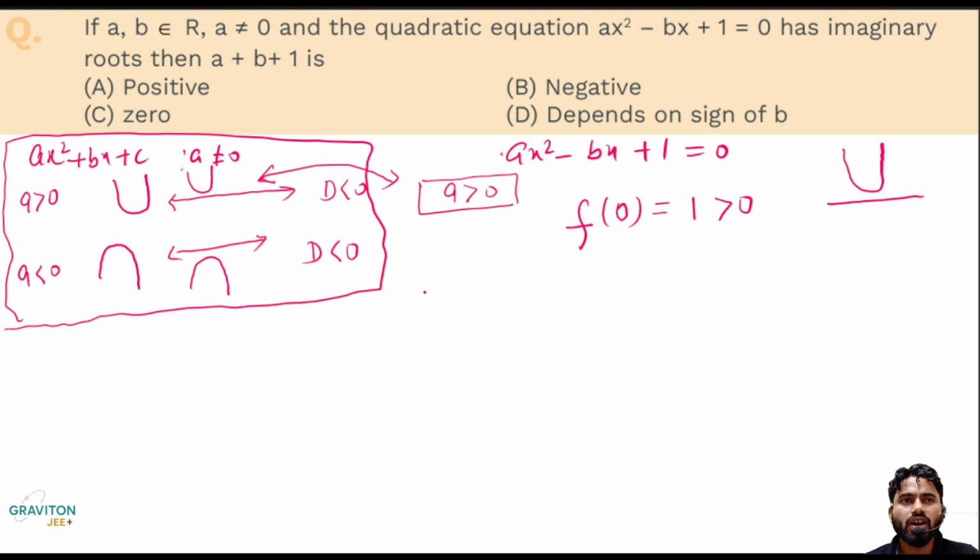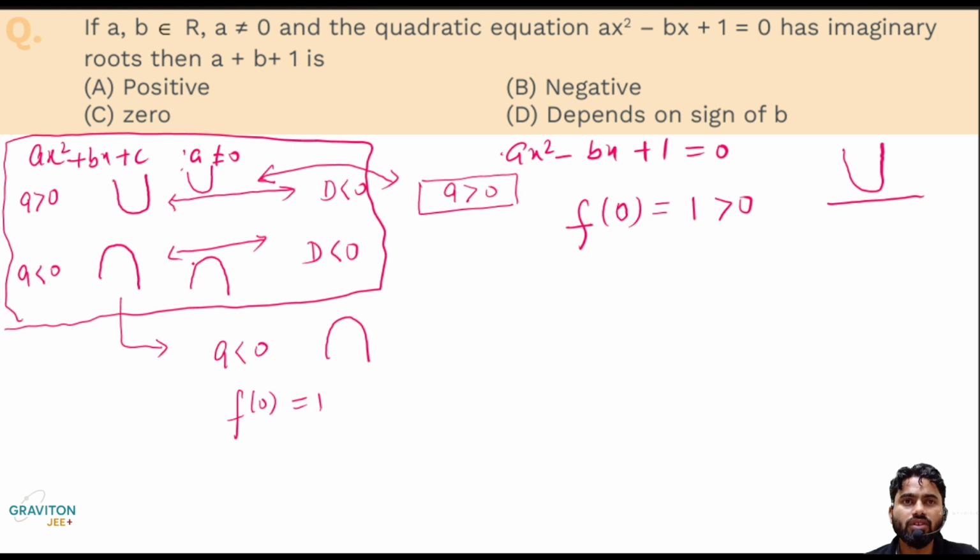And if we consider the second case, if a is negative, then you have a parabola facing downward. And if I told you to calculate the value of this function at 0, then what will be the value of that function? 1.